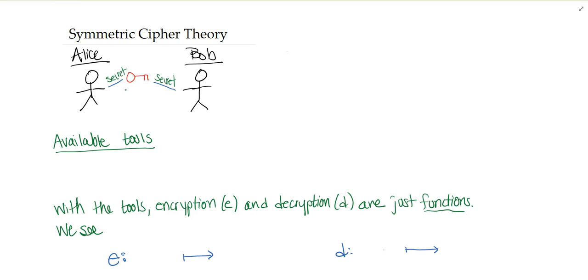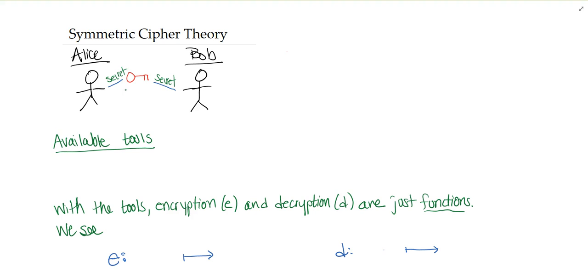messages. So they determine what message they want to send, use this key to encrypt it, and then send the message to the other one, where the other person has a similar key or the same key in most instances, and then uses that key to decrypt the message.